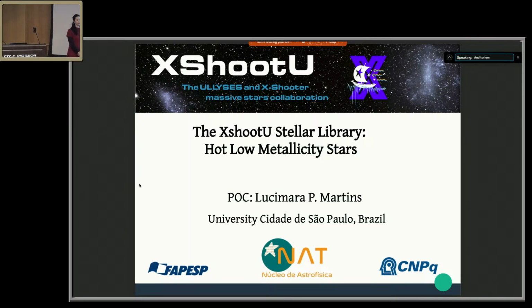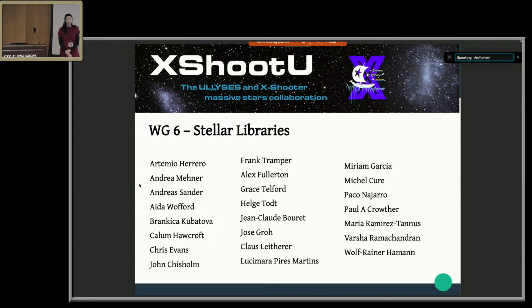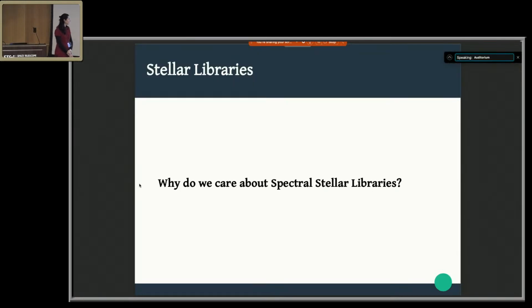I am inside the X-Shooter collaboration, and I am the point of contact for working group 6, which is a lot of people, but is the working group that is responsible to form the X-Shooter spectra into a stellar library. Of course, a stellar library is a collection of spectra of stars, but that's not only what I want to do, actually. It's a little more than that.